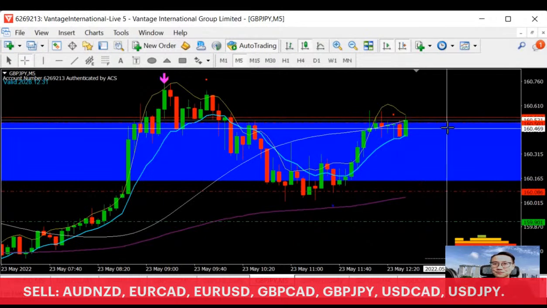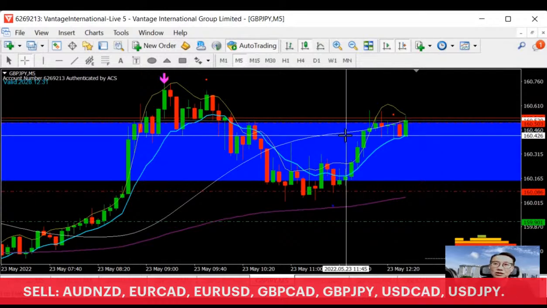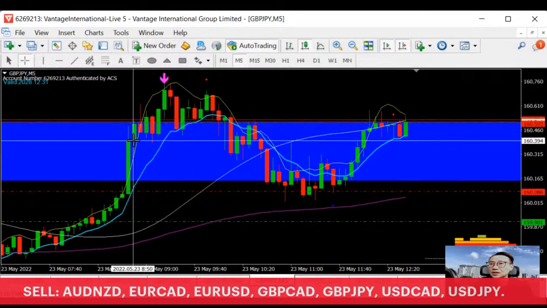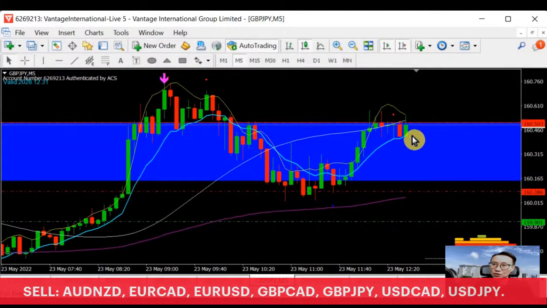Where my aqua line is pointing is a support that a lot of people may overlook. Can you see that it came down, touched the aqua line, and just reversed up to retest the resistance once again? Scalpers also need to understand where the strength is before they start to sell, before they even start to scalp.